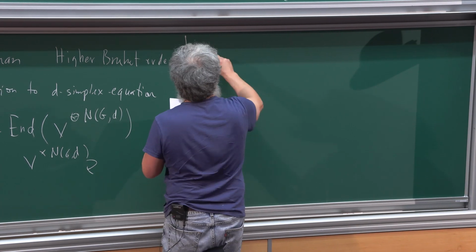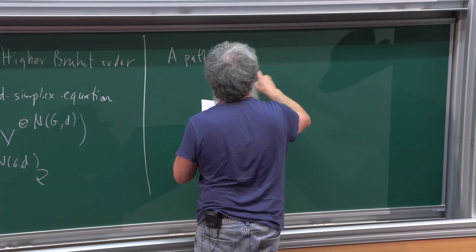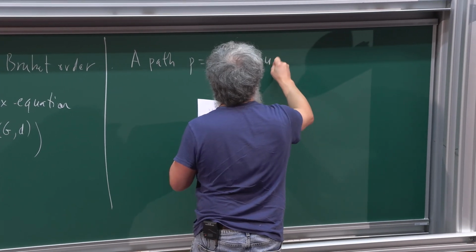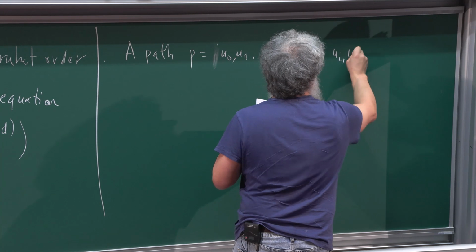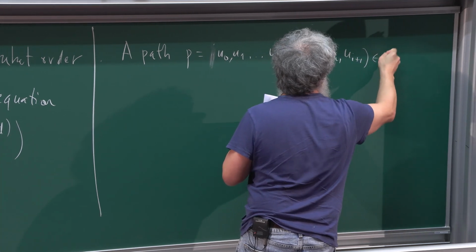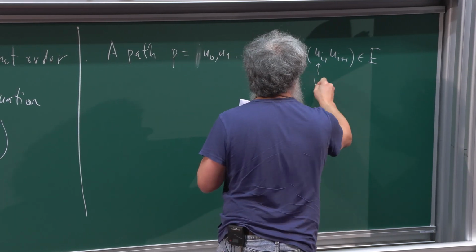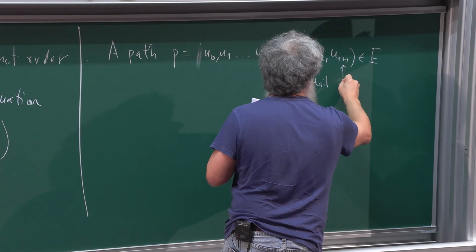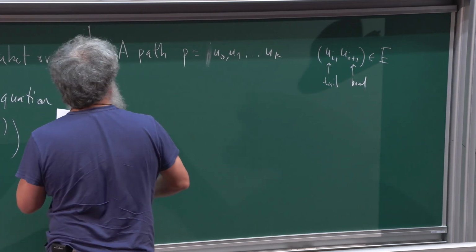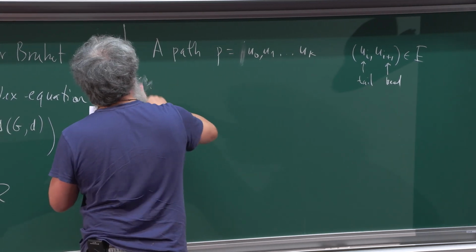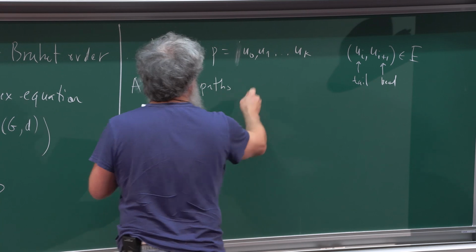A path P is a collection of vertices such that each pair of neighbors is an edge of our graph, where one vertex is the tail and the other is the head. Then a pair of paths P and Q.